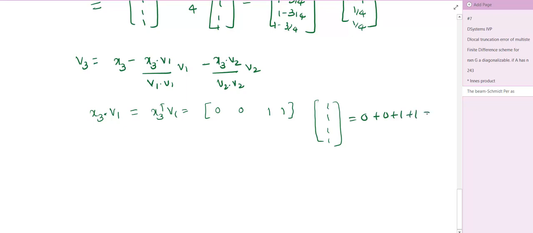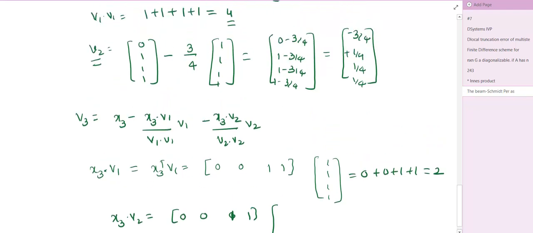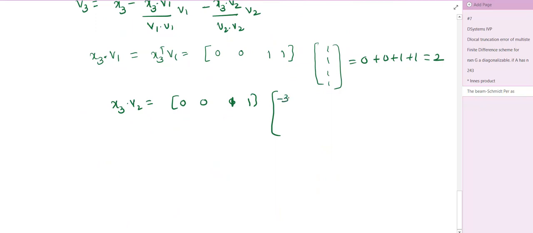Similarly x3 dot v2 is 0, 0, 1, 1 with v2, which we have already calculated, that is minus 3 by 4, 1 by 4, 1 by 4, 1 by 4. This is equal to 0 plus 0 plus 1 by 4 plus 1 by 4, which is 1 by 2, that is 2 by 4.